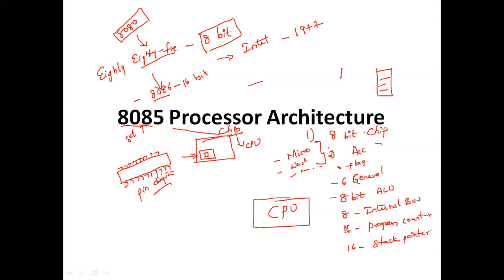So the 8085 is a single chip 8-bit microprocessor. It consists of an accumulator, flag register, 6 general purpose registers, an 8-bit arithmetic and logical unit, an 8-bit internal bus, a 16-bit program counter and a 16-bit stack pointer.